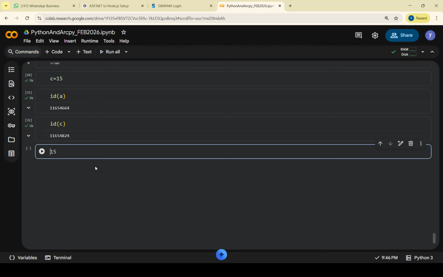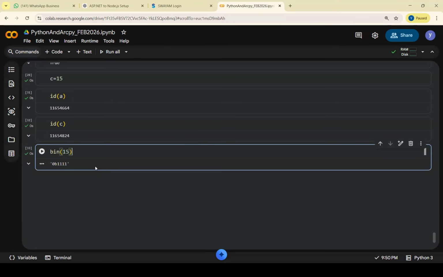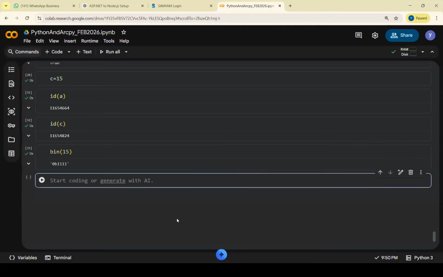If you write bin and try to convert 15, the binary conversion of 15 is 0b1111.